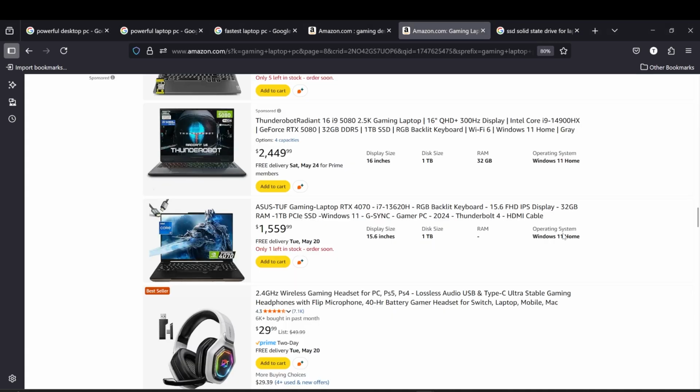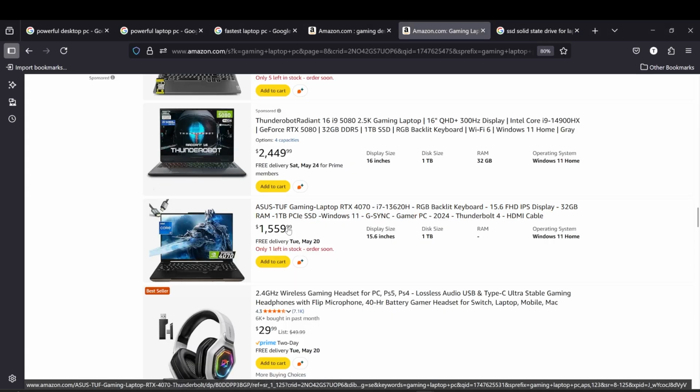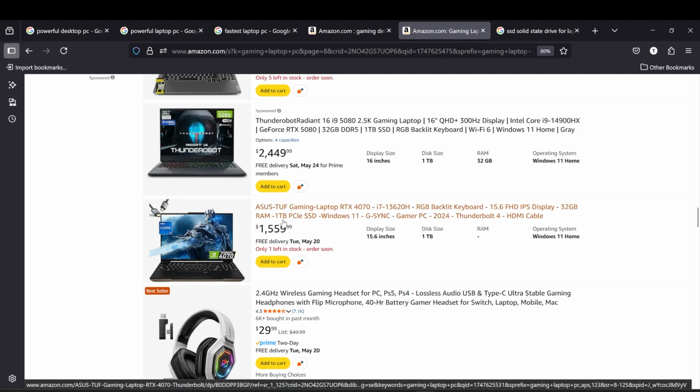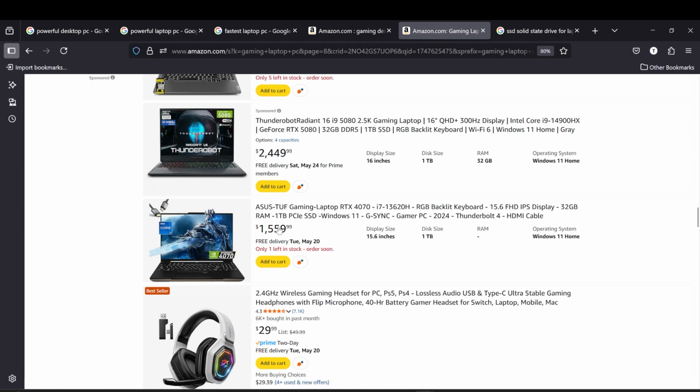First of all, you're going to look into the size of the storage. These days, you see it as GB, gigabyte, which is lower than TB, terabyte, meaning almost 1,000 gigabytes is going to be 1 terabyte.